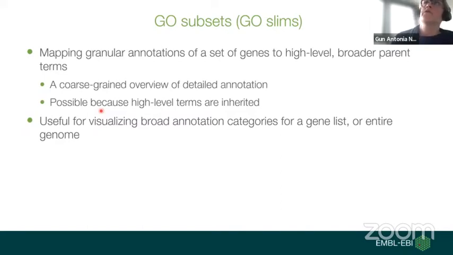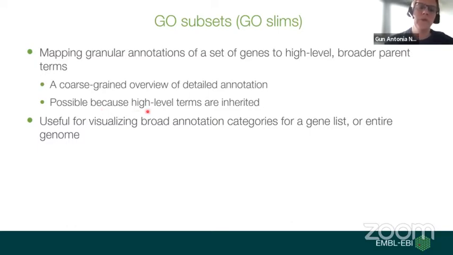Now I'm going to move on to talking about GO subsets or GO slims, which people often use for showing enrichment results. A GO slim, also known as a GO subset, is when you take a set of very specific or detailed annotations and map them into broader, more high-level bins.